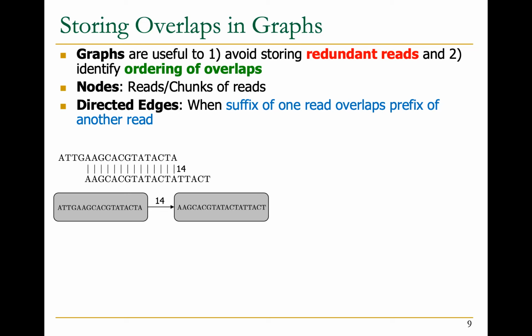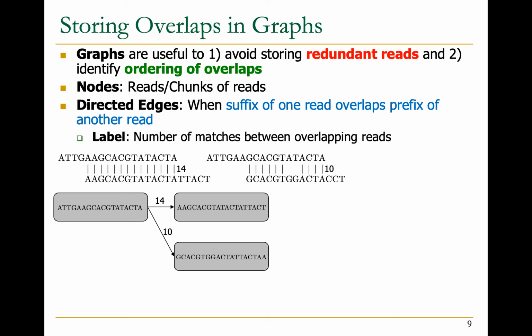There is one more piece of information that we store, which is the label on the edges, which usually stores the number of matching bases. For example, here it says there are 14 bases that match between these two, and here 10 bases. Or you could also store the difference between them. It's essentially the same.